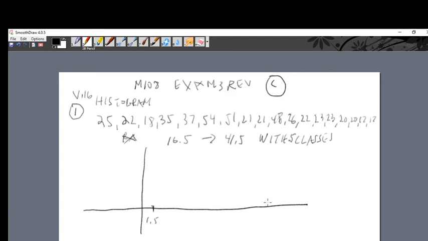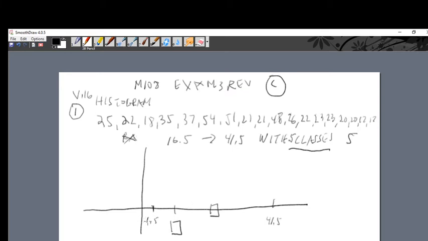We know at the end it's going to be 41.5, and they've got a total of 5 classes. So that's 1 class, that's 2 classes. There's going to have to be 3 in between, right? If there's going to be 5 classes, then they give you the first one, they give you the last one.